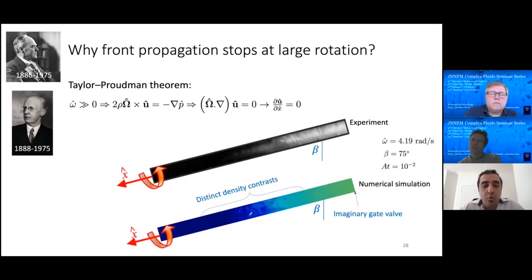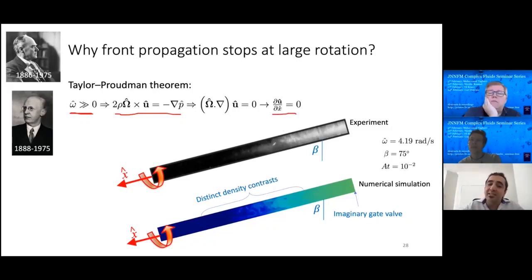One way to qualitatively explain the complete stopping of the flow in this case is to use the Taylor-Proudman theorem, which states that at very large rotation, the Navier-Stokes equations simplify to a balance between the Coriolis force and the pressure gradient, which after taking a curl simplifies to du/dx equal to 0.